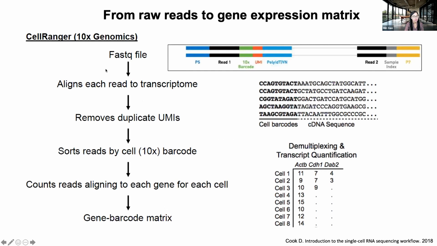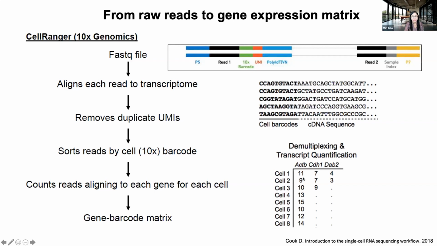We can use Cell Ranger to process the dataset. In the steps shown here, we map the FASTQ files to the reference genome, remove duplicate UMIs, sort the cell barcodes, and then count the reads aligned to each gene and to each cell. Then we can get the gene expression matrix.